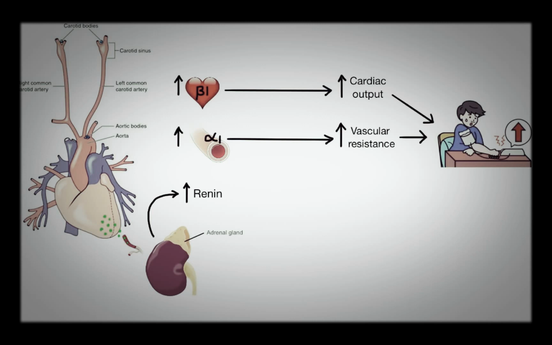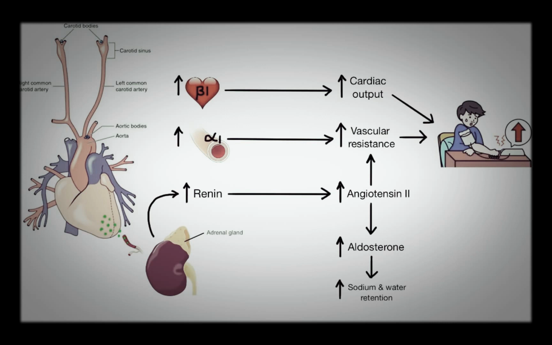Now, renin is necessary for the production of angiotensin II. Angiotensin II is a very potent vasoconstrictor which constricts systemic blood vessels, thus increasing peripheral resistance. Angiotensin II also constricts renal blood vessels and stimulates aldosterone secretion, which leads to sodium and water retention, thereby increased blood volume, cardiac output, and ultimately increased blood pressure.